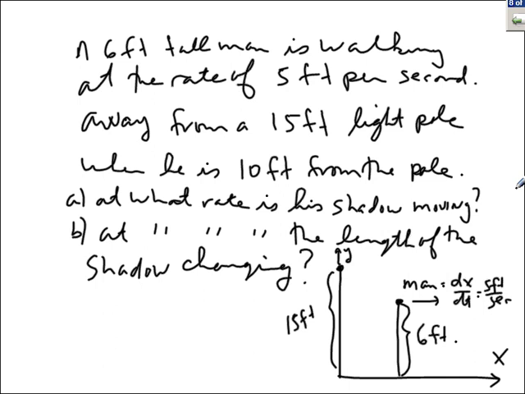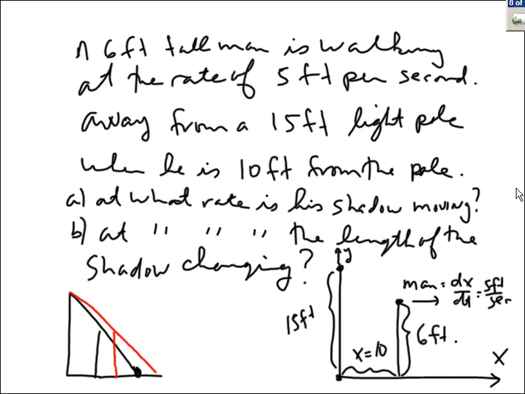Now, when he is 10 feet from the pole, so when x is 10, right here x is 0, at what rate is his shadow moving? Now, let us understand what's going on. Maybe the man's here, and the tip of his shadow, how fast is the tip of the shadow moving? That's what it's really asking. The tip of the shadow is right here. And then a few seconds later, the same height man is right here, and the tip of his shadow is right here.